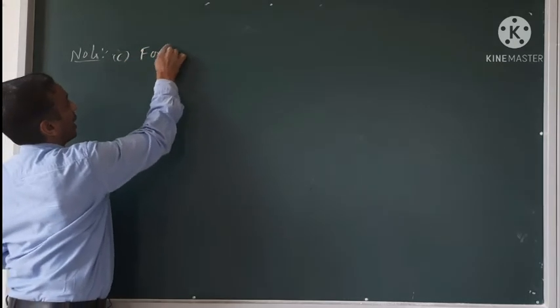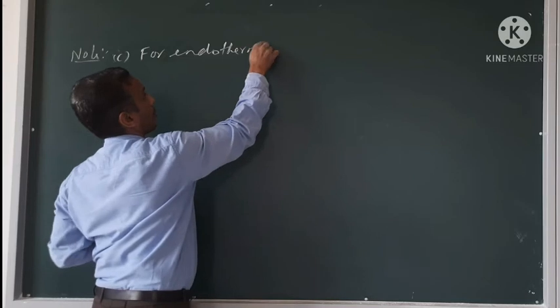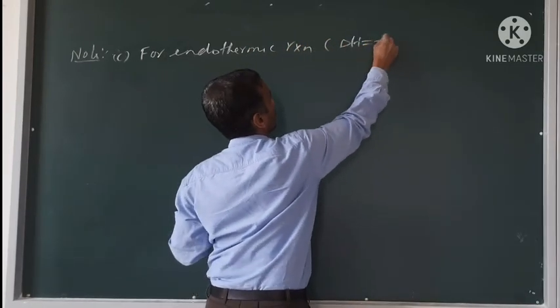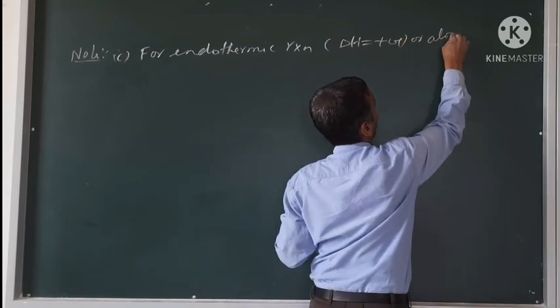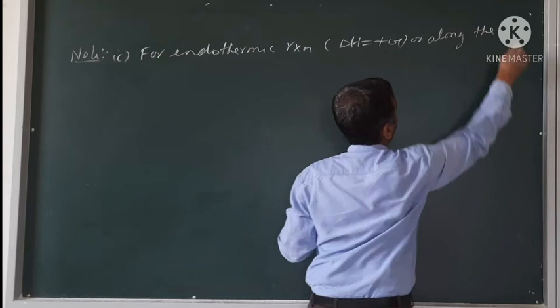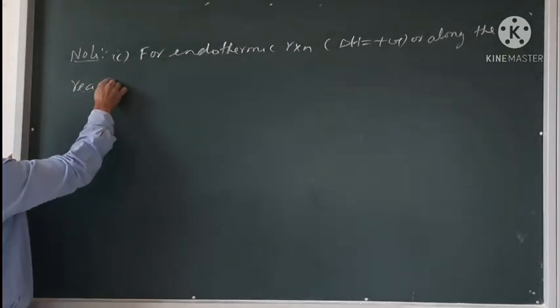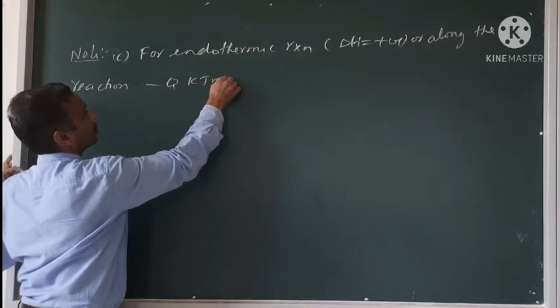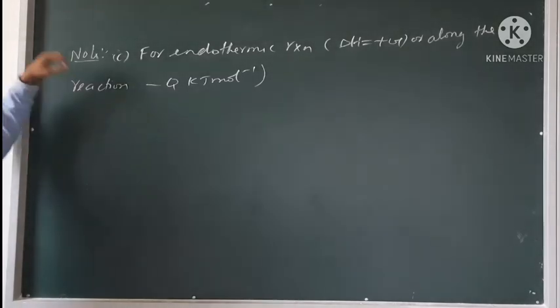For an endothermic reaction, delta H positive, or along the reaction negative Q kilojoules per mole is written, it is the endothermic condition.